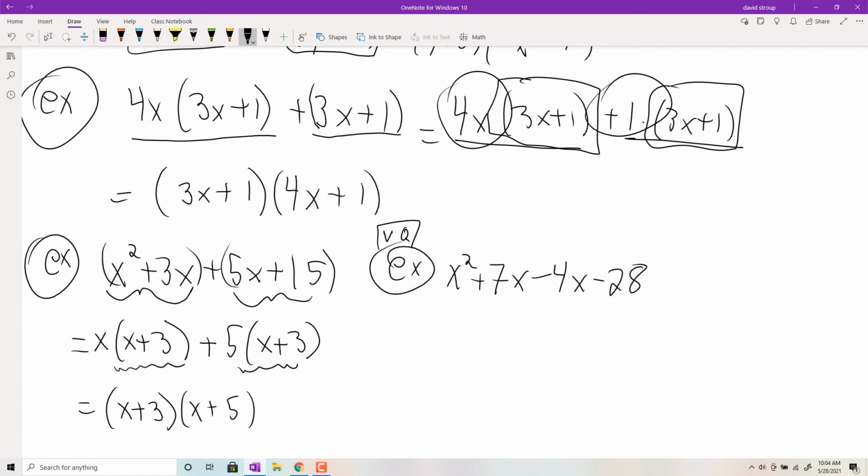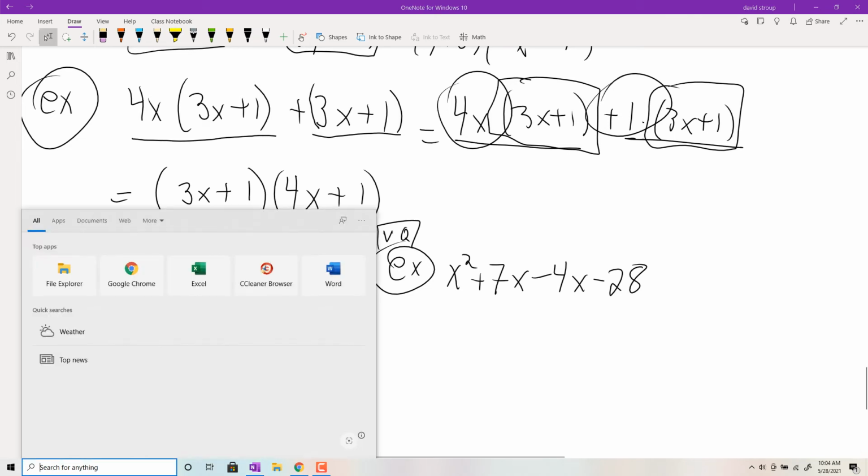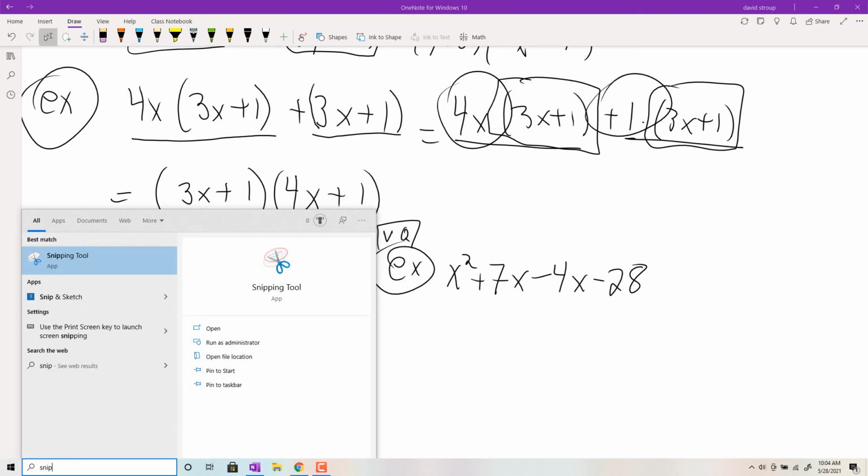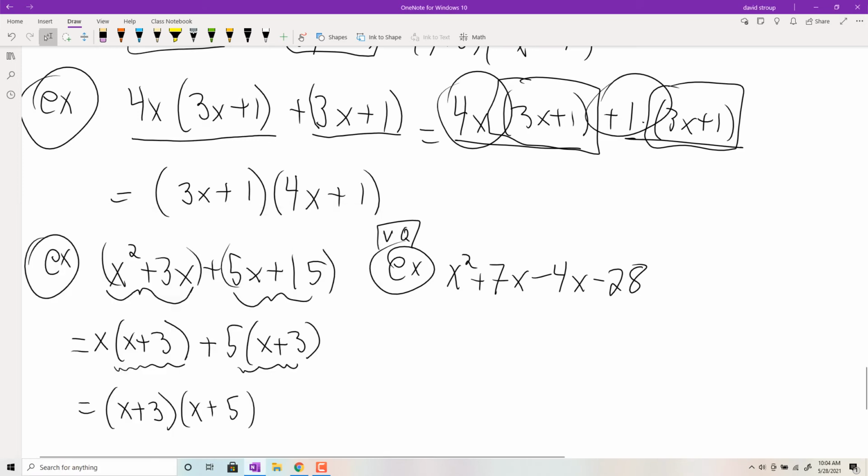Then you just scan it. You could take pictures with your cell phone and then paste those pictures into a Word document. And then when you go and save your Word document, you can save it as a PDF. I can show you how to do that really quick. So usually I like the snipping tool right here. Let me do the question first, and then I'll show you how to kind of put it into a document.